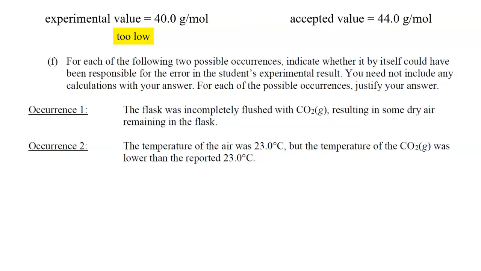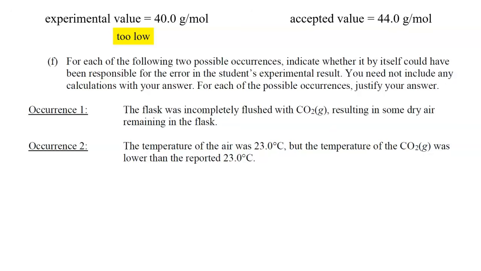So we're going to consider each of these two occurrences separately and determine whether or not that would cause the calculated value for the molar mass of the gas to be too low. You need not include any calculations with your answer, but for each of the possible occurrences, justify your answer.